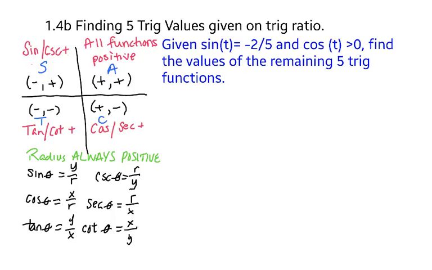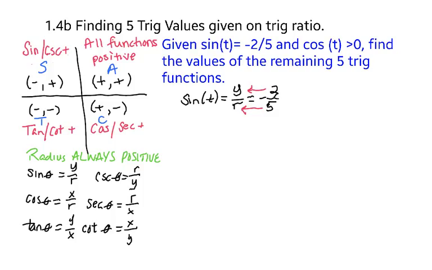We know from our definitions that the sine of t equals y over r. And we also are told in this particular example that that equals negative 2 over 5. So as a result, we can make some conclusions here. We can conclude that the 2 is the y value and the 5 is the r.